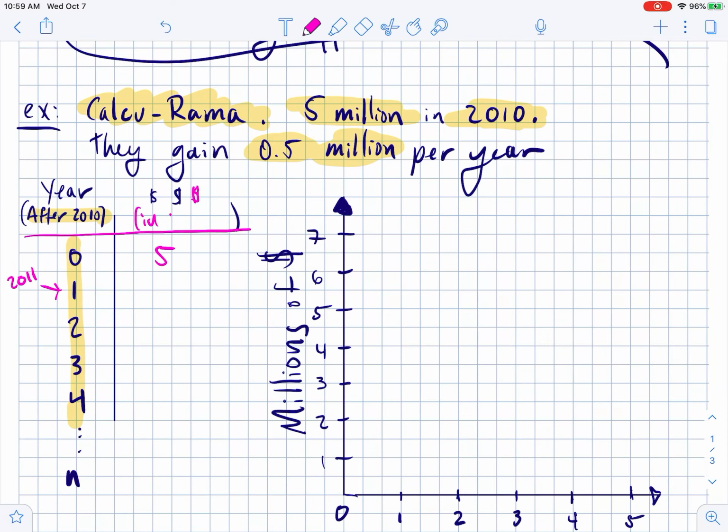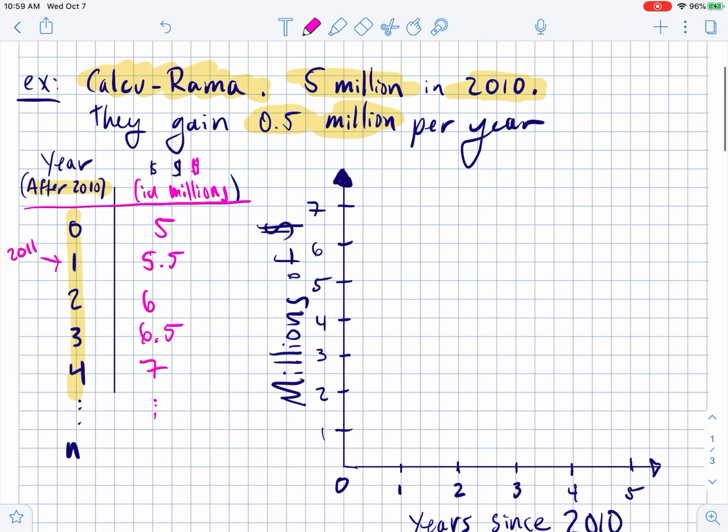The money is in millions. So 5 million they start with, and then they go up by 0.5. So the next year they would get 5.5 million, then 6 million, then 6.5, then 7 million, and so on. Eventually, if you get n, well, we're going to get to that with the explicit equation in a second.